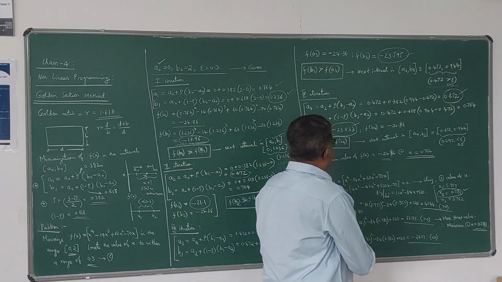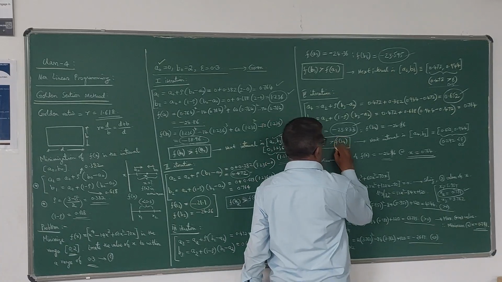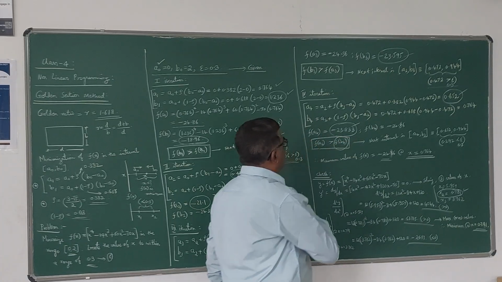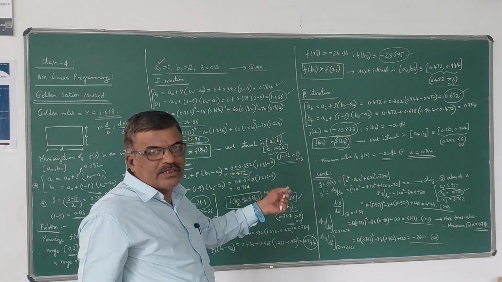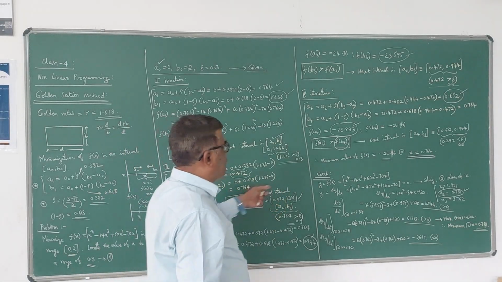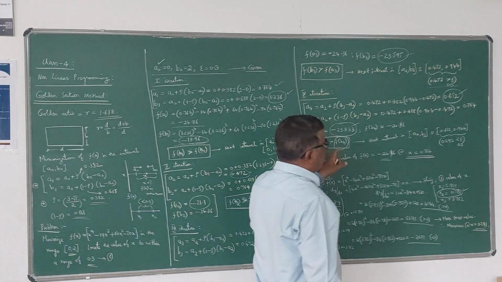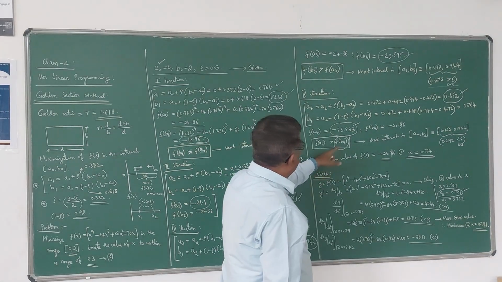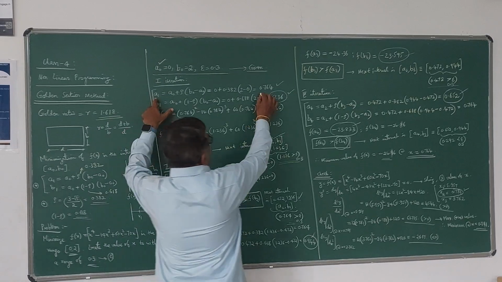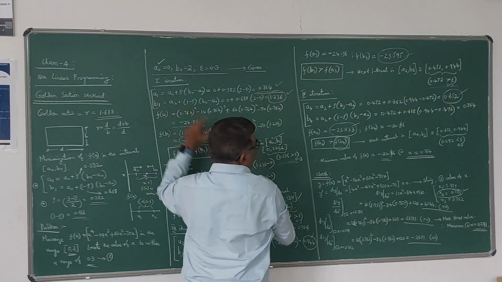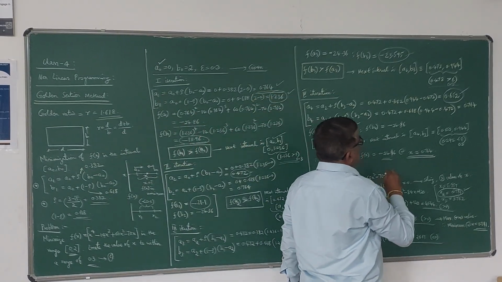That means finally this b4 is there, that becomes your final value, the minimum value. In this problem you can observe that this b4 and a1 are the same. You can see here a1 is also 0.764, b4 is also 0.764.